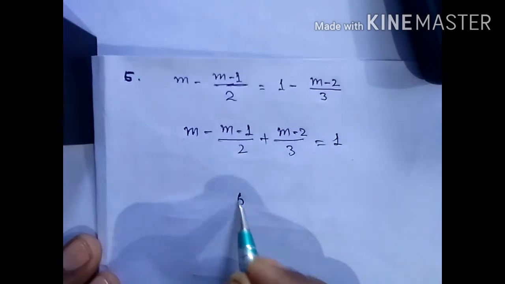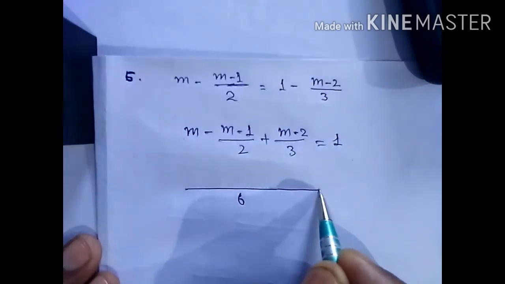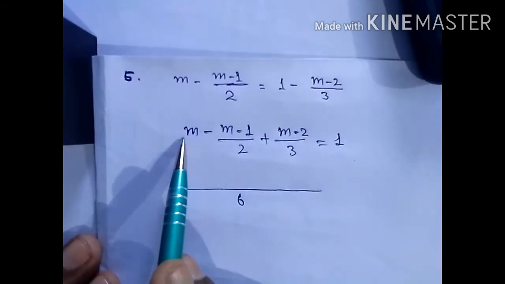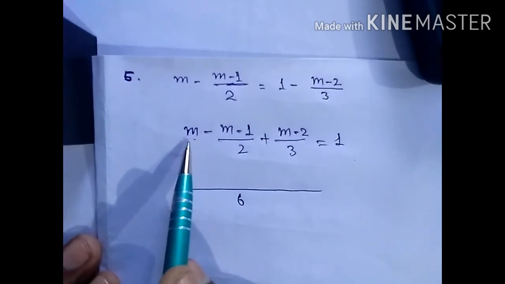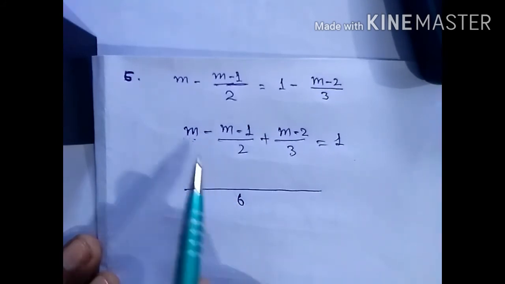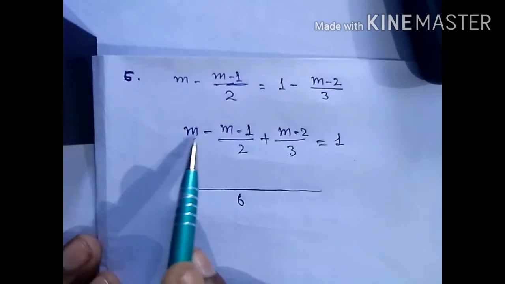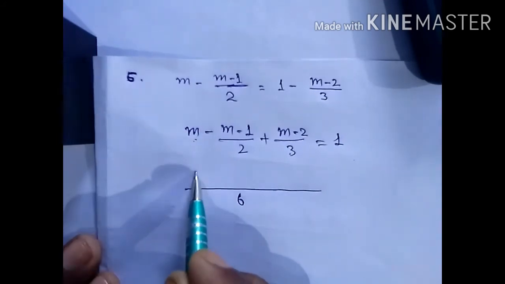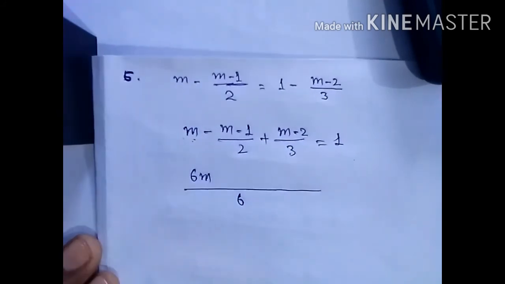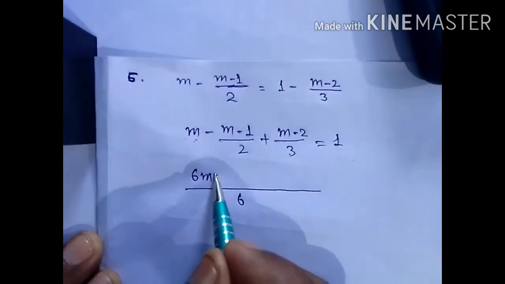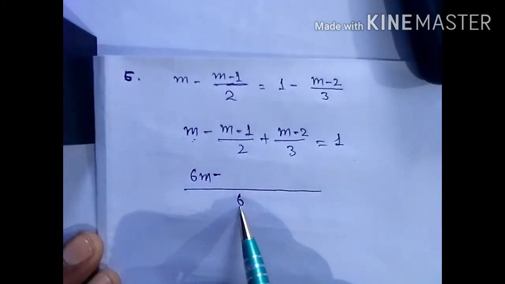So after taking LCM as 6, 1 times 6 is 6, therefore we have to multiply this numerator m by 6. It will be 6m.